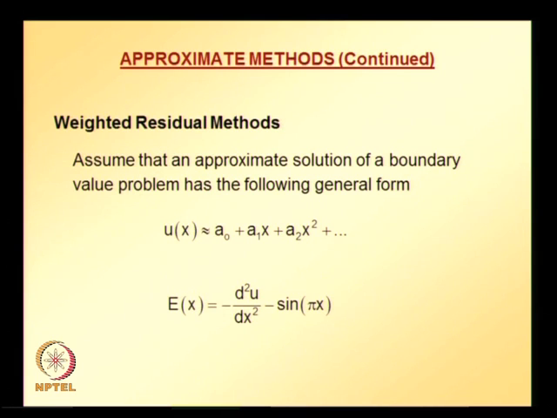So positive residual gets cancelled with negative residual, and there is a danger of error cancellation. To avoid such a situation, we are going to multiply this residual with a weight function and integrate over the problem domain, that is 0 to 1.